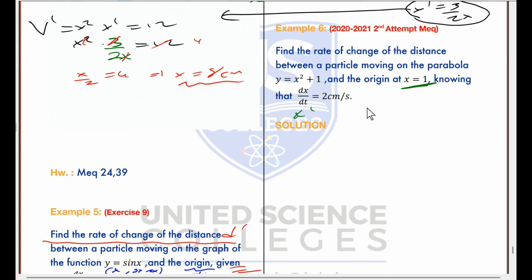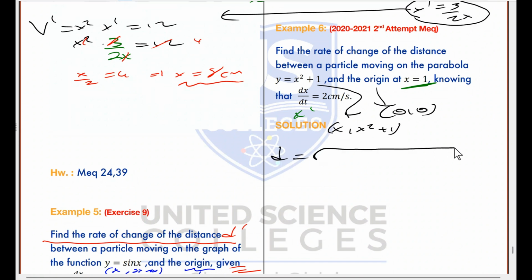Our points are for the origin 0, 0, and for that parabola it's x squared plus 1, right? So the distance formula is x2 minus x1 squared, x minus 0 squared, which is x squared, plus y2 minus y1 squared, x squared plus 1 squared.